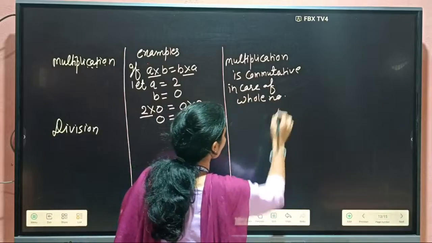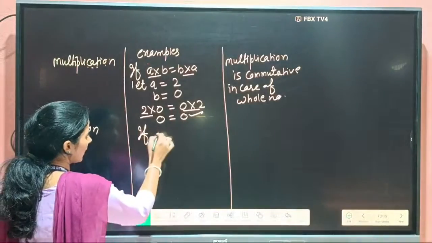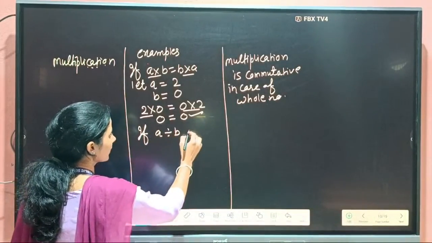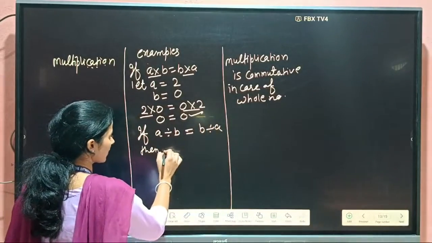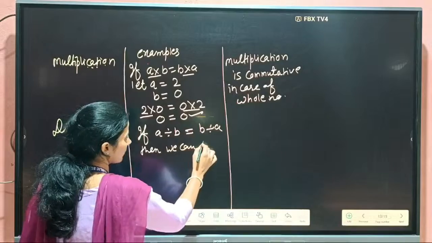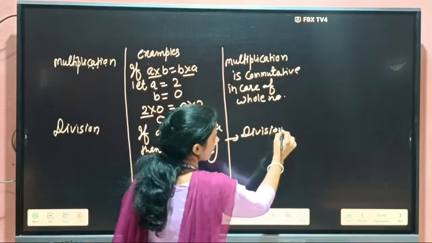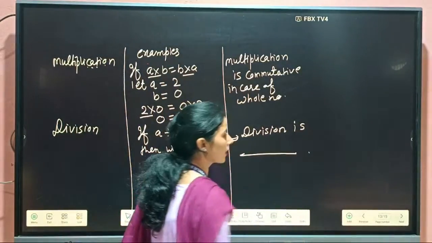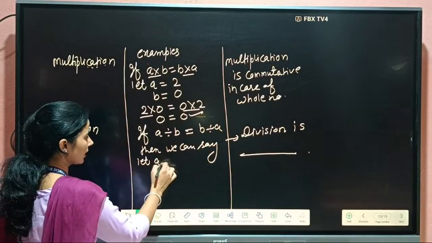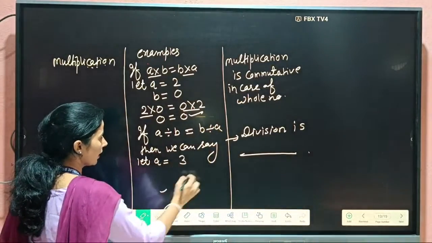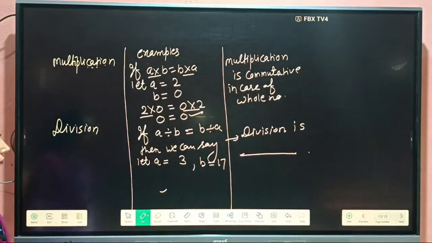Okay, next, under operation division we want to check. If A divided by B is equal to B divided by A, then we can say division is commutative, otherwise no. Let us see. Let A equals 3, B equals 17.